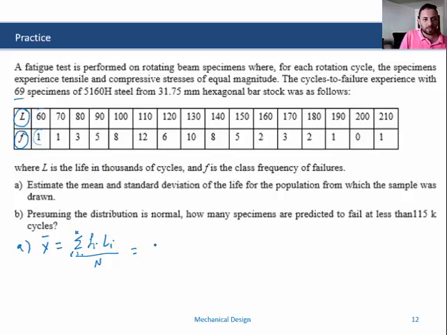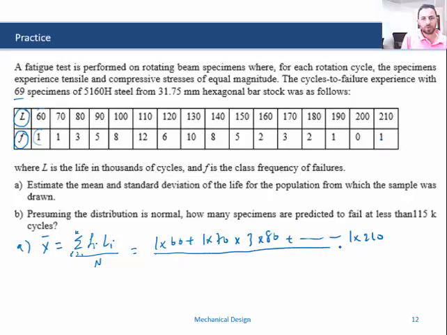So we say 1 multiplied by 60 plus 1 multiplied by 70 plus 3 multiplied by 80 plus and so on, 1 multiplied by 210, over the total number, 69, which is equal to 122.9 k cycles. So the average life cycle of the components of the 69 specimens is 122.9 k cycles.